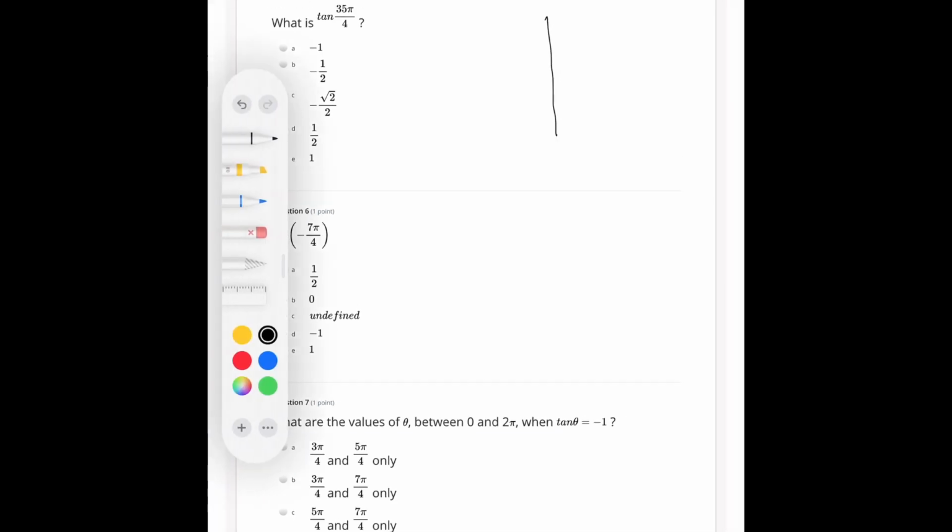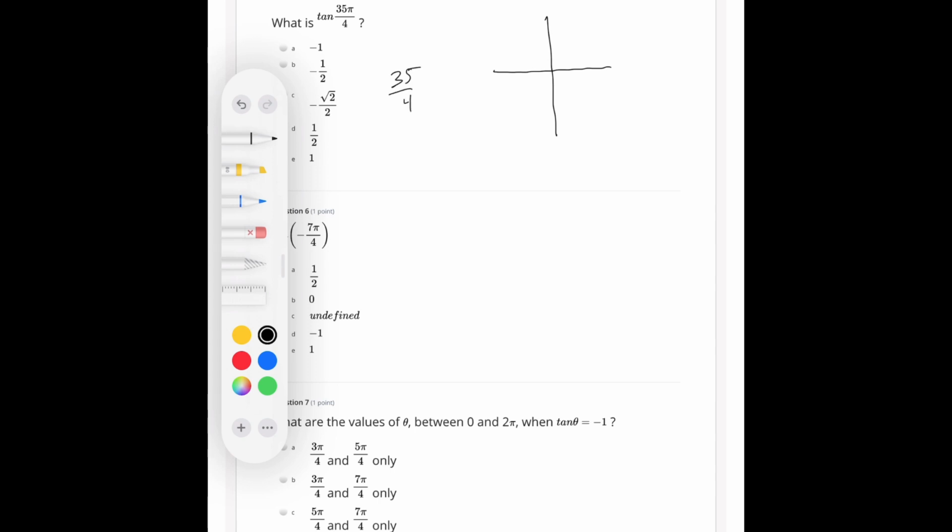Okay, let's look at the next one. Tangent of 35 pi over 4. We need to figure out which quadrant we're in. Your pi over 4s are right in the middle of your quadrants. First let's figure out 35 over 4.